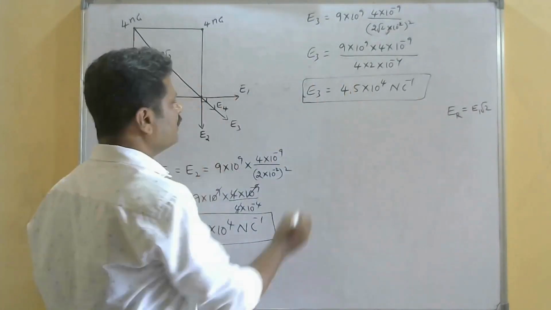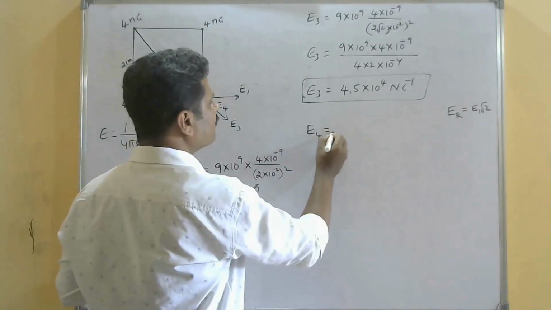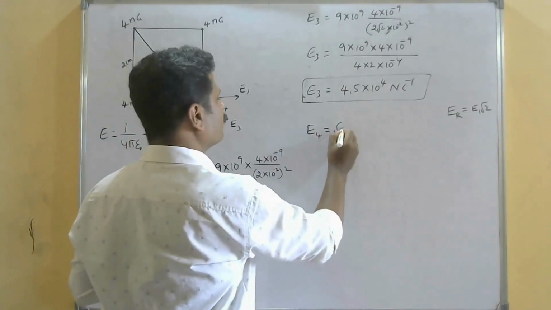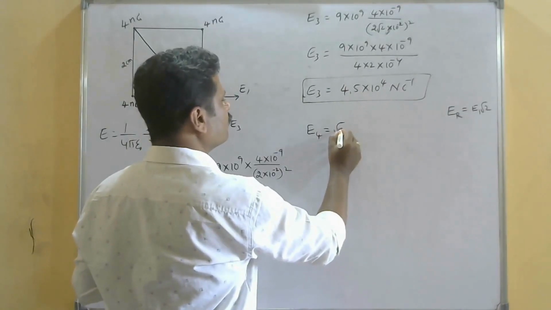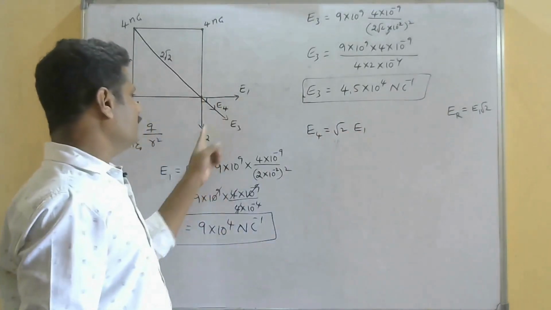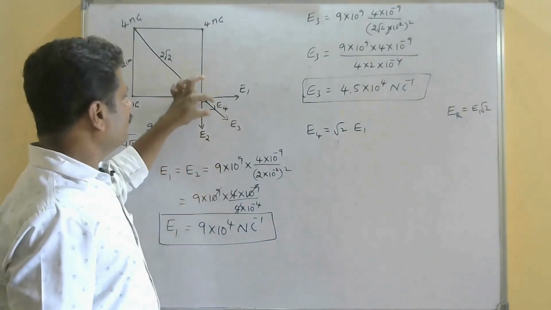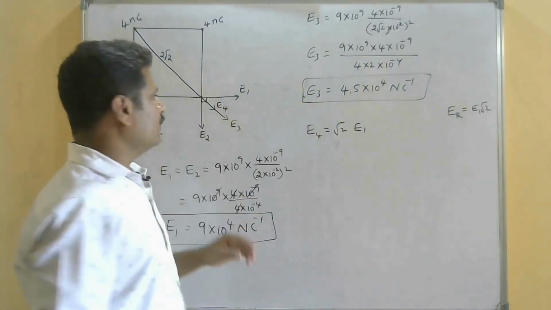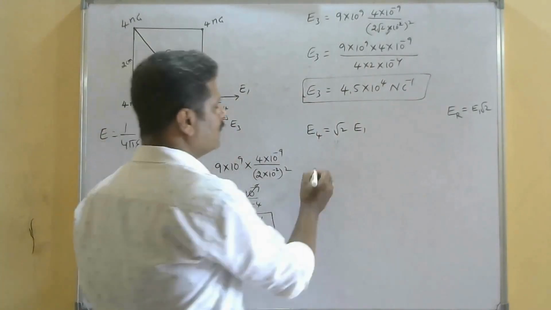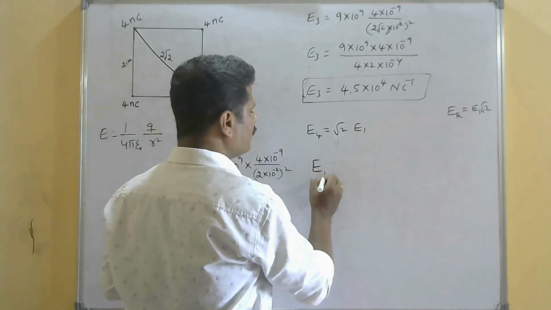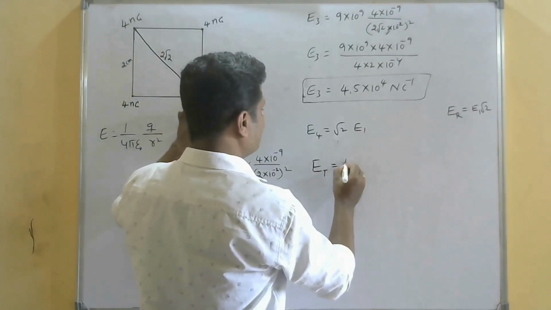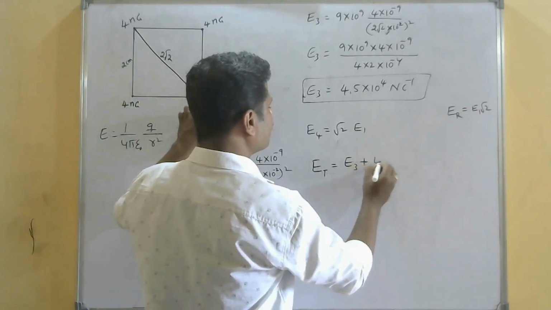In the same manner, E4 is equal to root 2 E1, because E1 and E2 are acting at an angle of 90 degrees. These two, E4 and E3, are acting in the same direction, so the total electric field at the fourth corner is E3 plus E4.